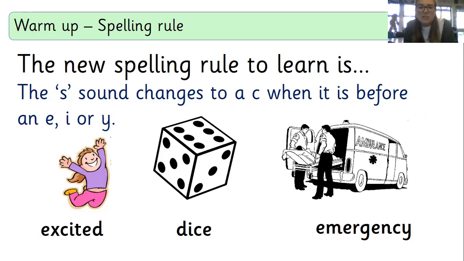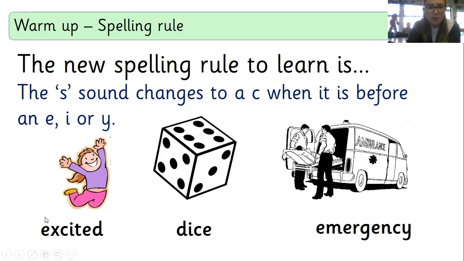Okay, let's get back to our spelling rule then. Yesterday we learnt our spelling rule, which was that sound in a word. When it comes before an E, before an I, or before a Y, then we have to change it from an S to a C when we spell it.